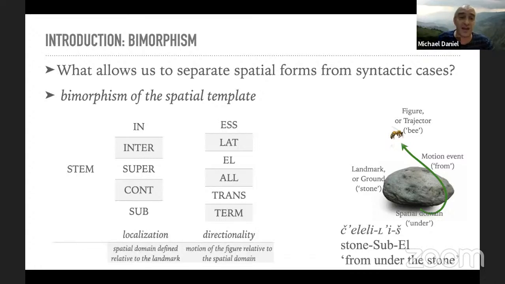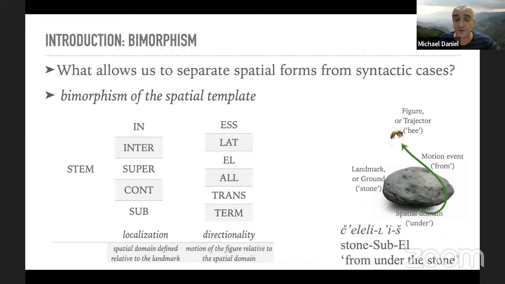and I wanted to add that while the first slot is pretty conventionally called localization, or series in traditional Daghestanian grammars, the second slot is less lucky.